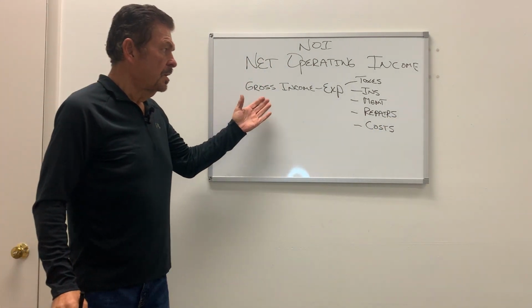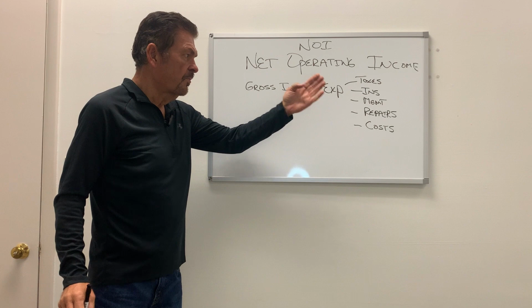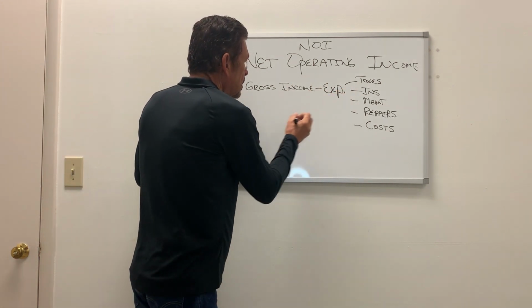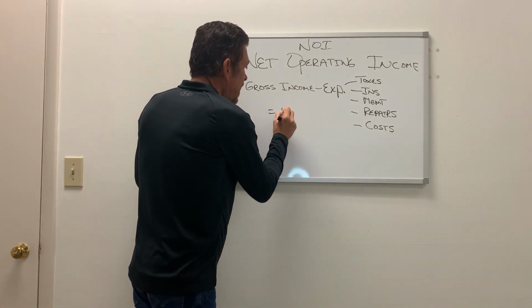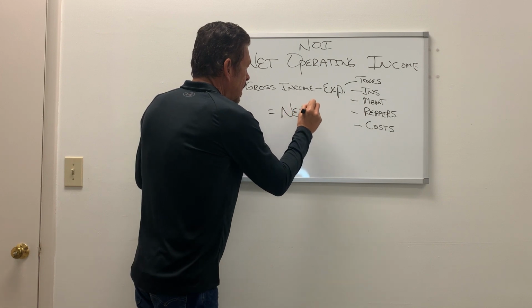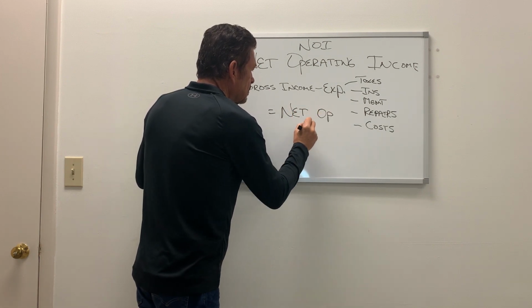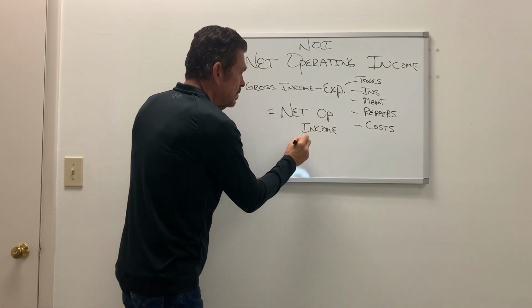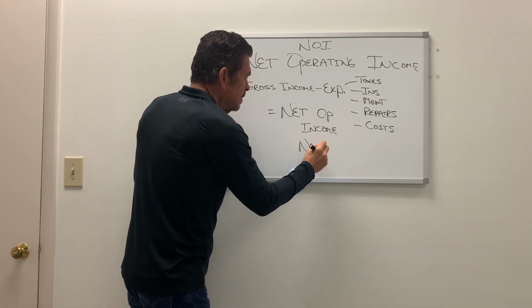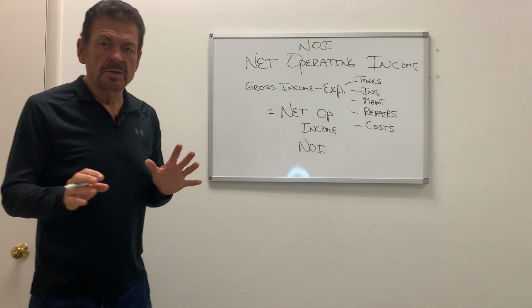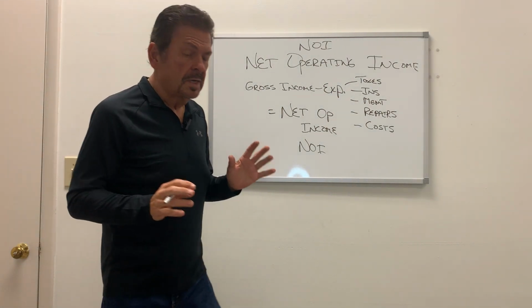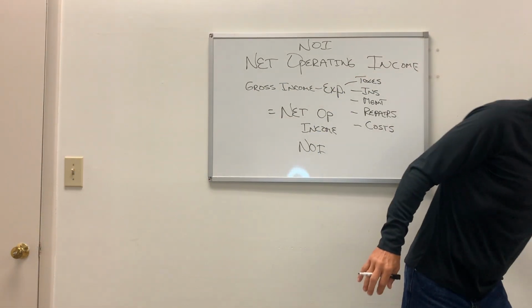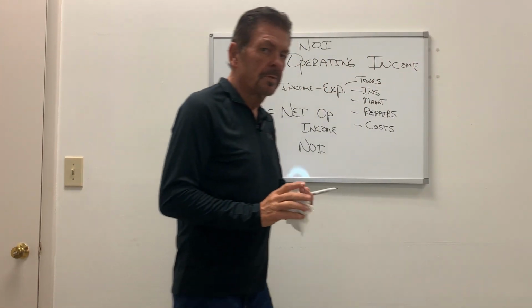So you take your gross income, subtract your expenses, and that gives you your net operating income, or NOI. That key ratio is what's used many times in determining how your investment is performing.